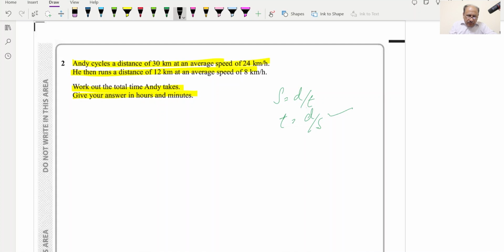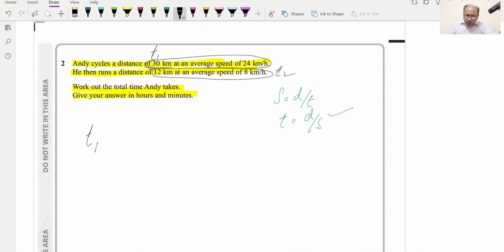So this will be the relation which we'll be using. For the first journey, 30 kilometers at an average speed of 24 kilometers per hour, we can write t1 for the first journey and t2 for the second journey.